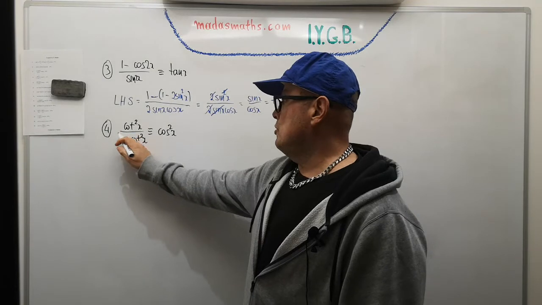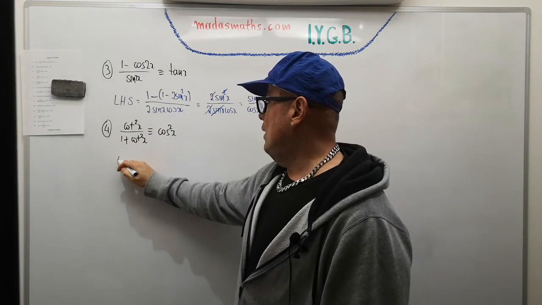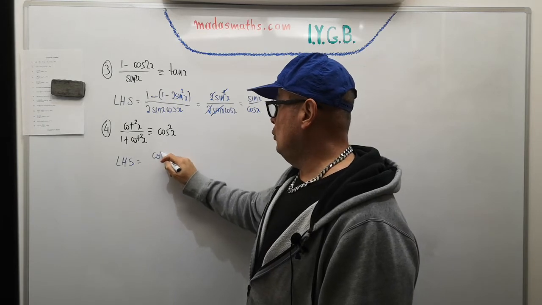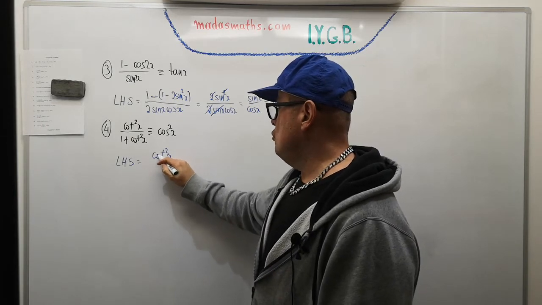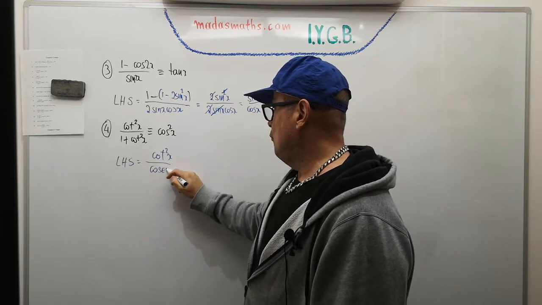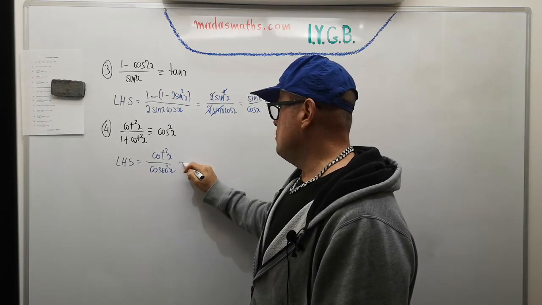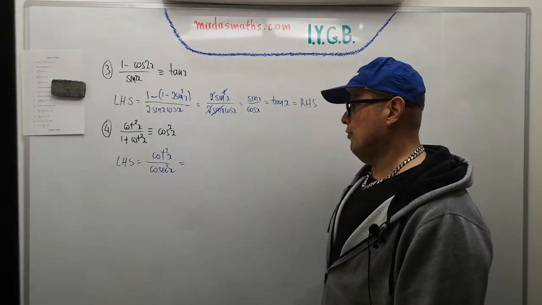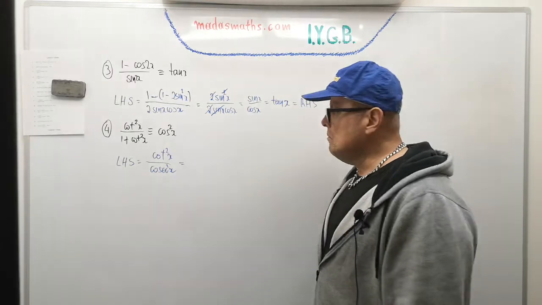Some students spot that immediately, so they will go LHS is equal to the cot squared of x on the numerator, and they realize the denominator is the cosec squared of x. What's my next line? Well, my next line quite clearly is perhaps to switch into sines and cosines. I'm going to create a double fraction.